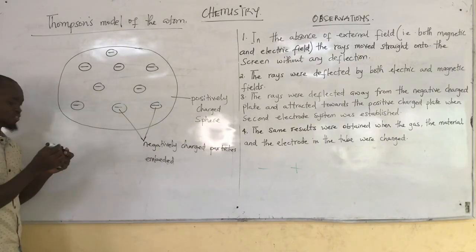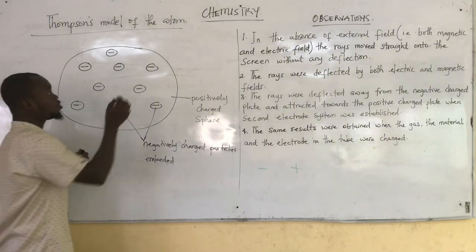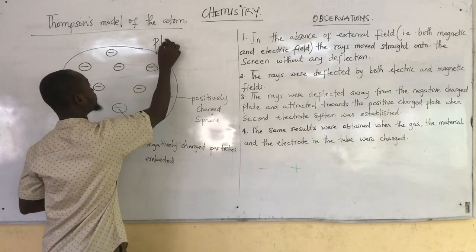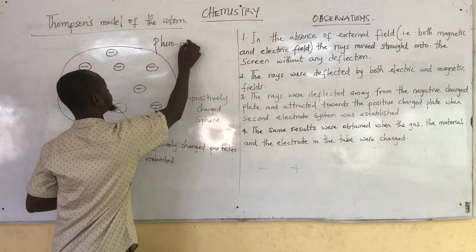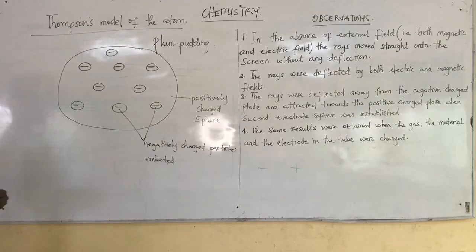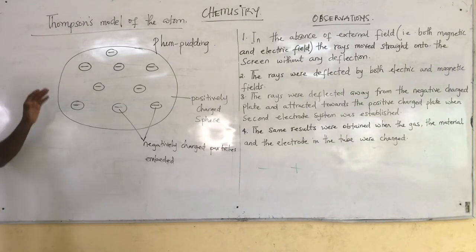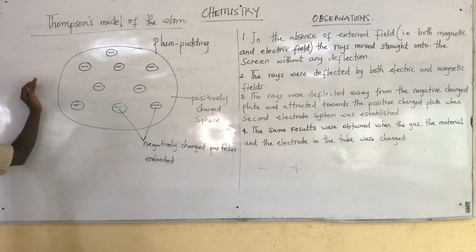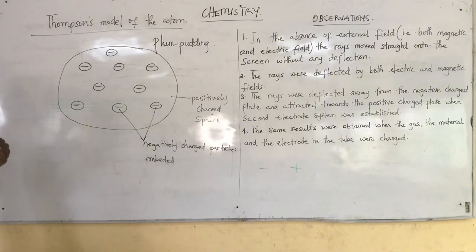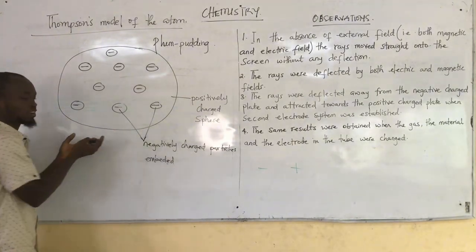This model of the atom is also known as the plum pudding model, which is likened to a dish or a food in Britain, which is a pudding with plums on it. That's how the model of the atom described by Thomson looks.